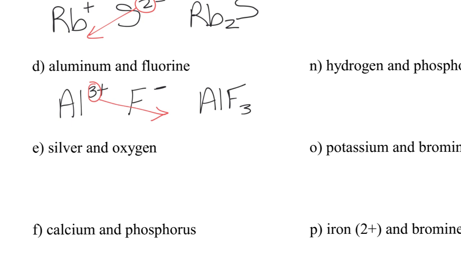Now, transition elements. There are 3 that we have to be aware of. And I'm pretty sure I put them in the notes, but I'm going to review them right now. On your periodic table, you need to go back. And silver has a +1 charge. And zinc will have a 2+ charge, okay? So those are 2 that the charges are known.